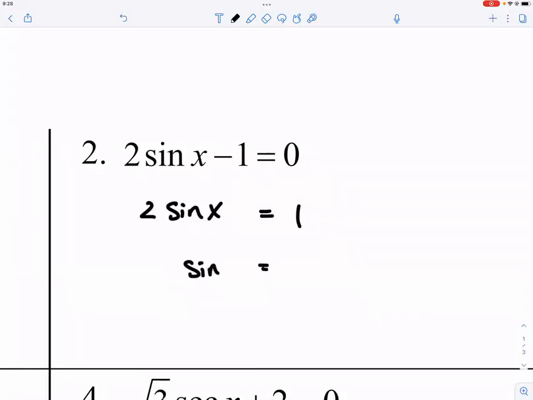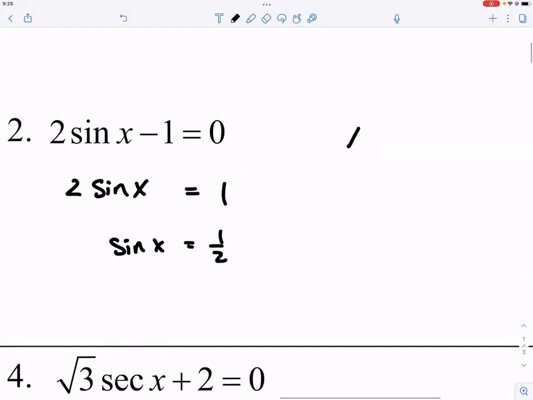So we say sine x is equal to 1/2. And if sine x is equal to 1/2, what could x be? Pi over 6, and it could also be 5 pi over 6. So there are 2 answers. Now you might be thinking, wait, hold on, do we usually have 1 answer or 2 answers?